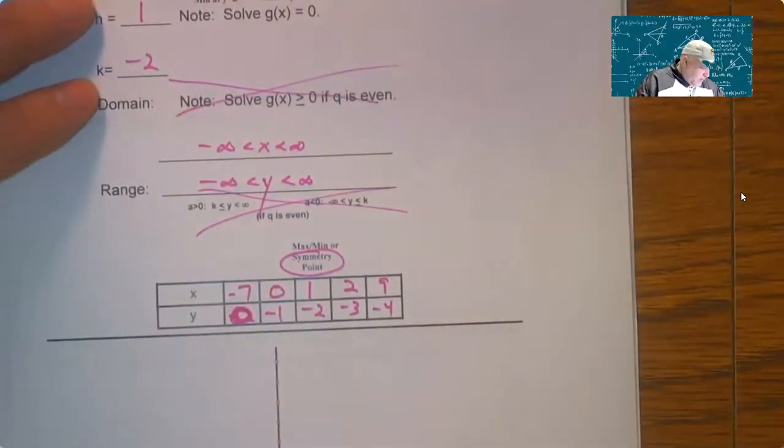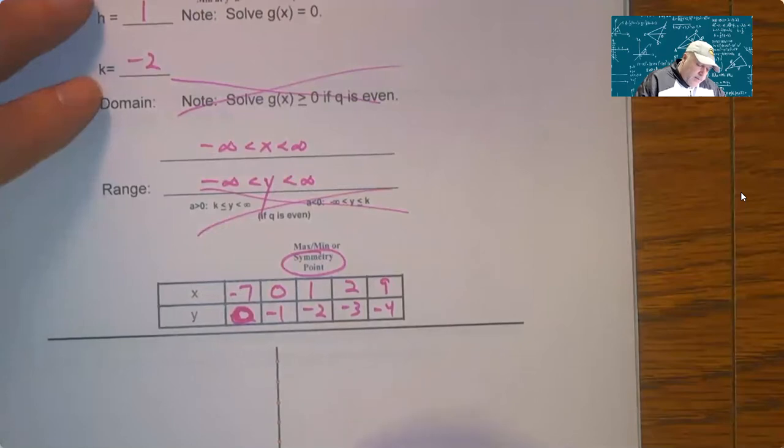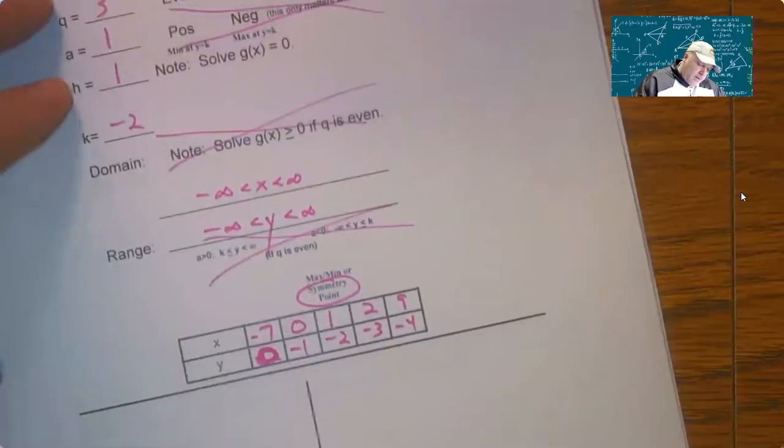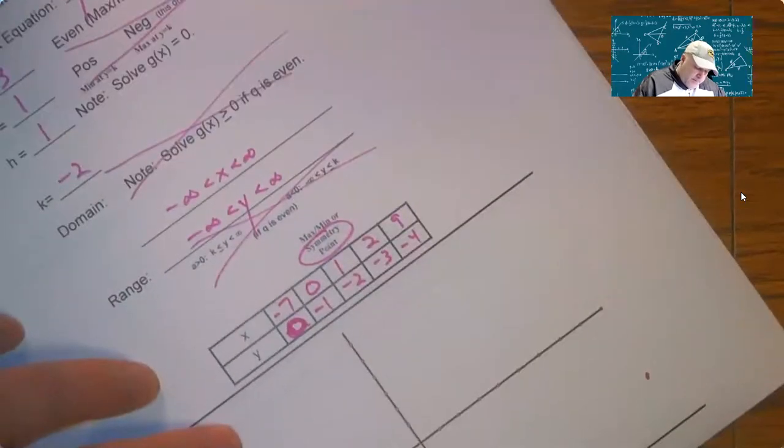Okay, so 1, -2, 2, -3, and 0, -1. These points are in a row. And then 9, -4 is out here. And then 1, 2, 3, -7, 0.